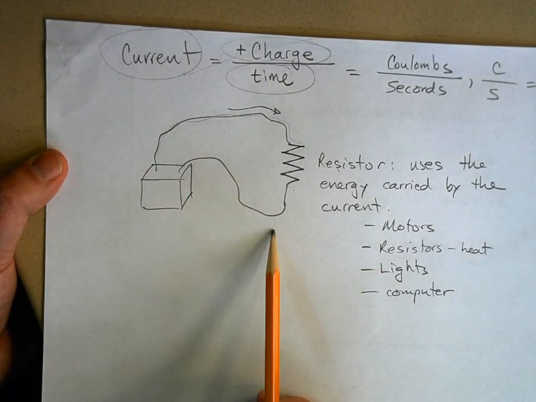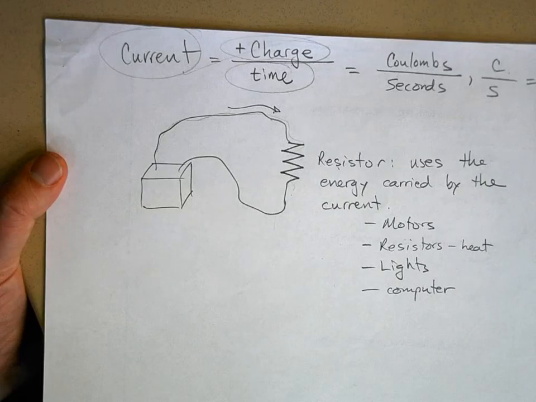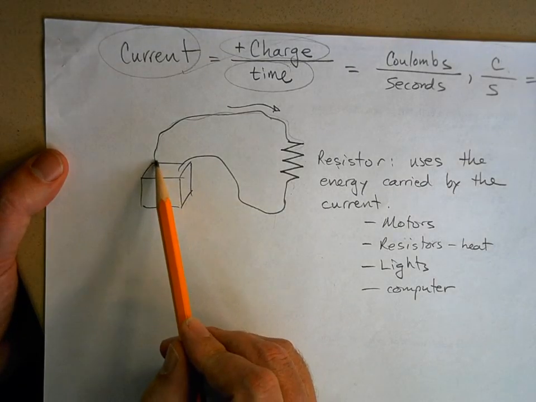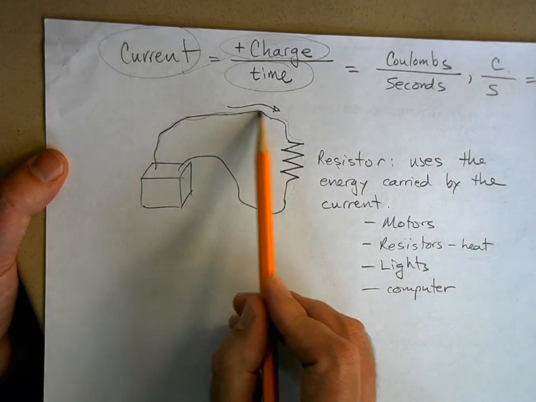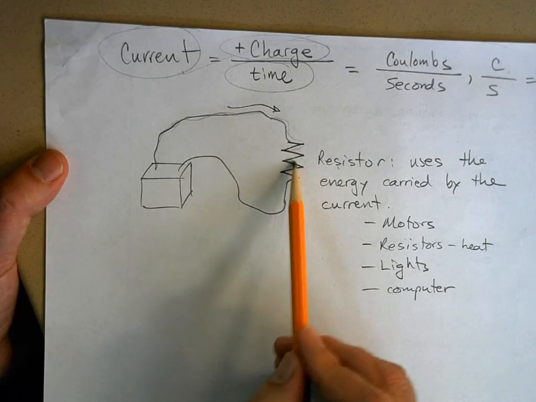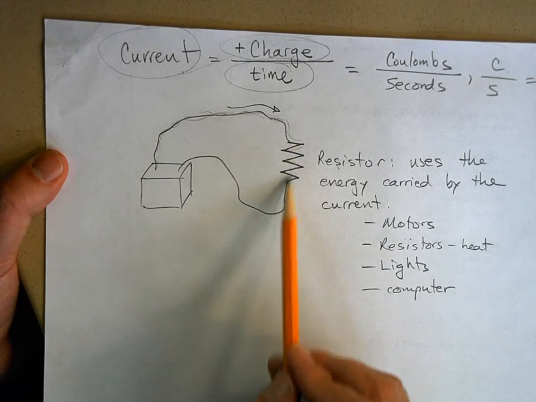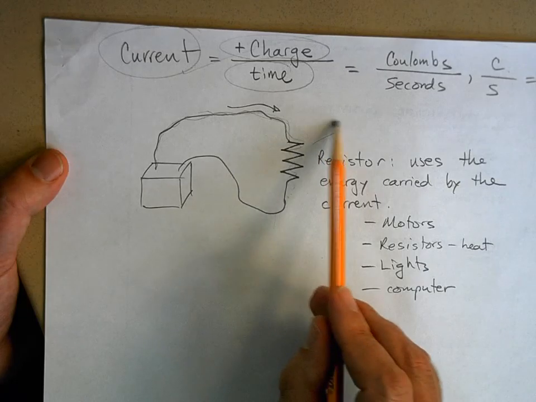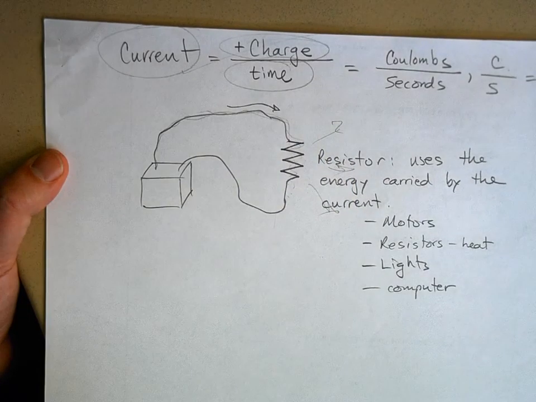So no current will flow and no energy will be exchanged or transferred. But if I put a little push on here, then some current will flow, and I will be able to put energy out into the world and do something interesting.